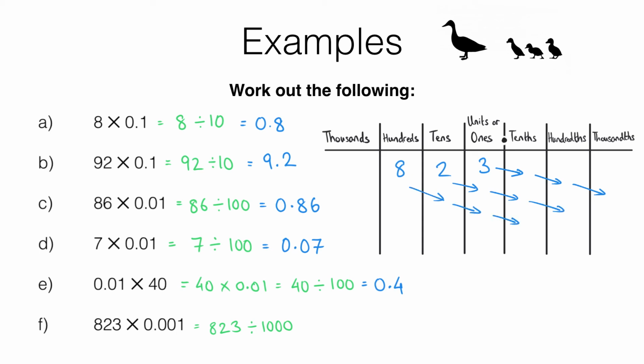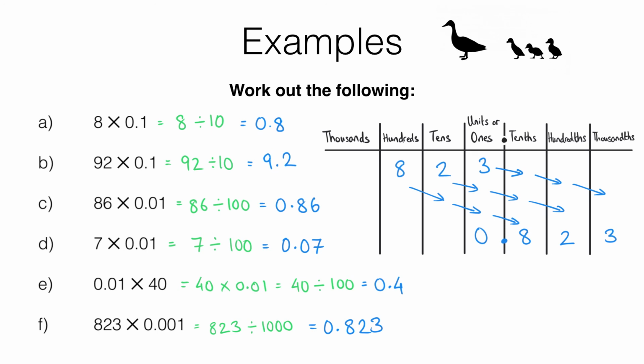Which means we've got the hundreds moving into the tenths. So the 8 goes there. We've got the tens moving into the hundredths. That's 3 columns to the right. The 2 goes there. And the units or the ones moving into the thousandths. So the 3 goes there. I need my decimal point right here. And that means I also need a 0 there. So 823 divided by 1,000 is 0.823.